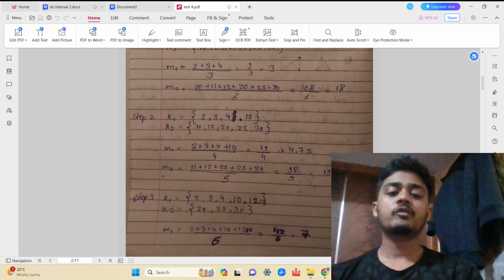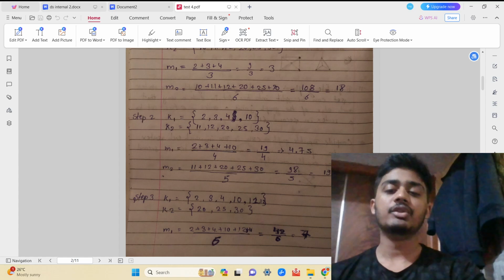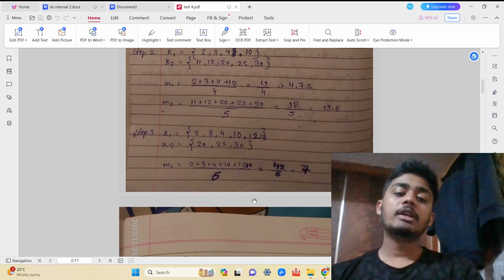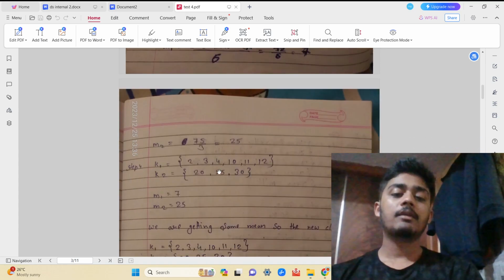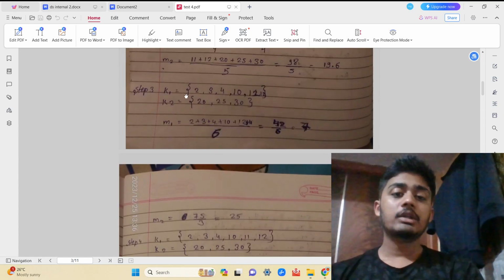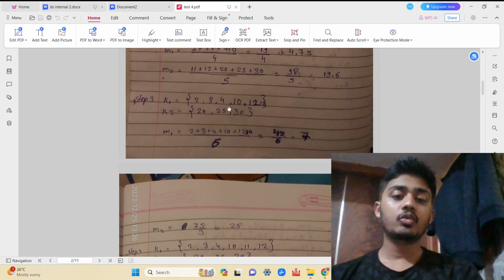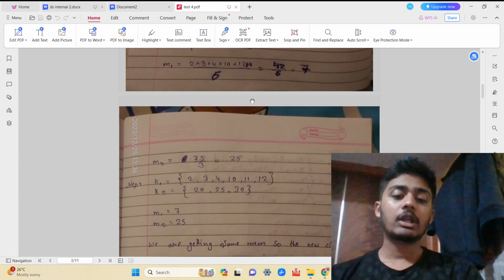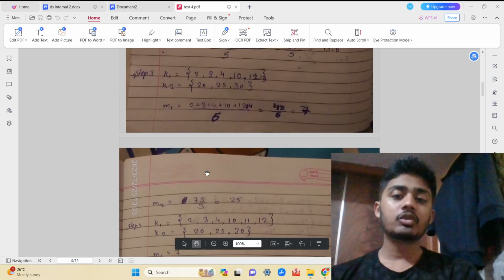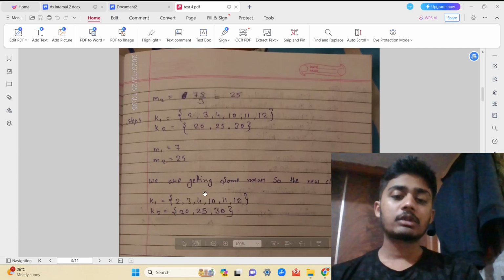Now again we have to find the clusters using these new values. So the new clusters formed are 2, 3, 4, 10, 11, 12 for the first and 20, 25, 30 for the second. Applying the mean and updating the centroids again, the clusters formed are the same and both means are also the same.